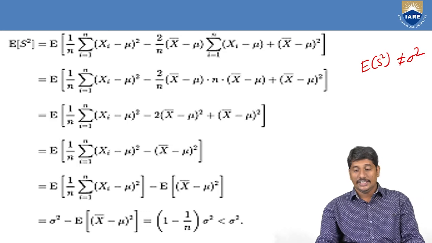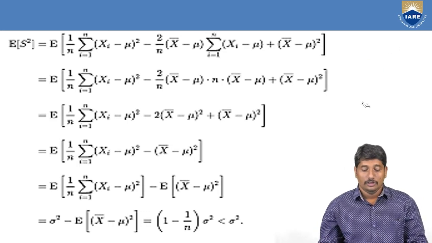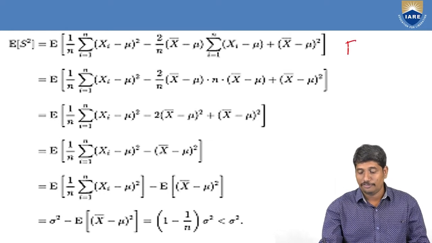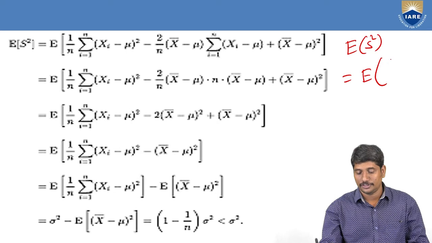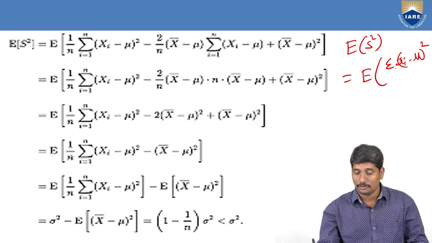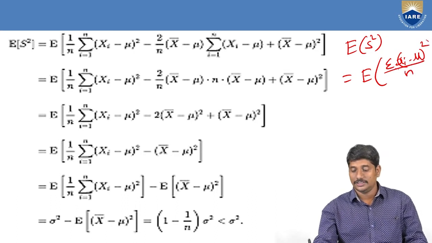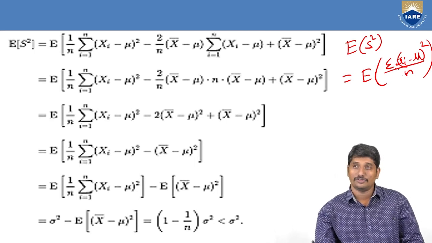So first, I'd like to start with this step: E of s square, which is the expectation of the summation of (xi minus mu) whole square divided by n, because s square is the sum of squares of deviations divided by n.